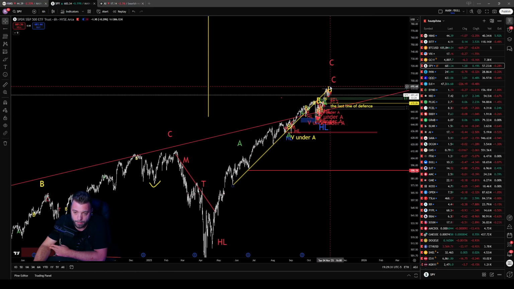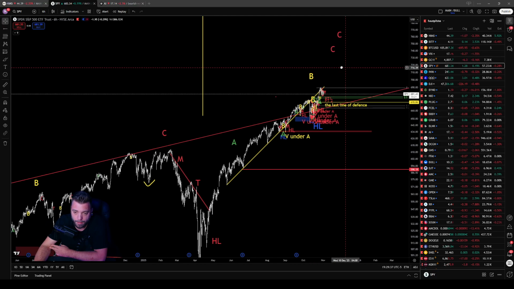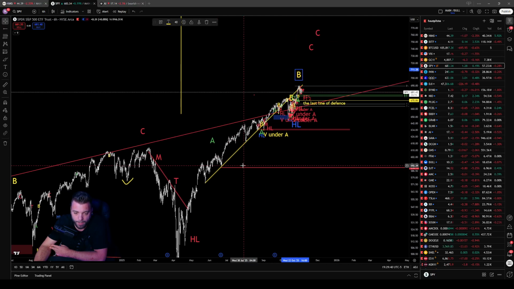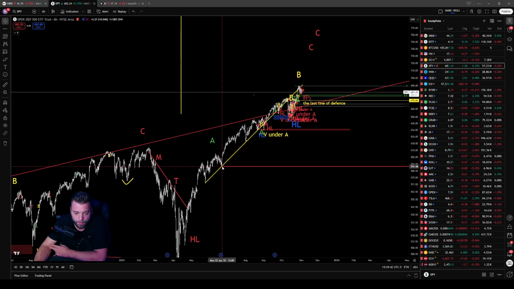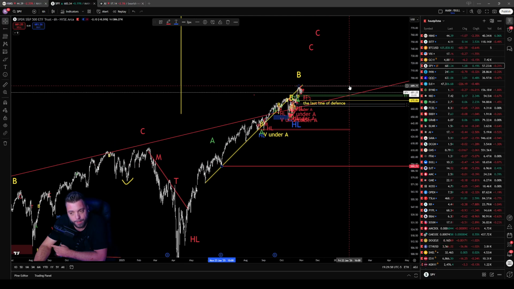So this would be a B, a big B, middle B, and we would get our pullback to our middle A for 591. But I still think this is not the crash yet. After this pullback, we would still get one more push for the market. But let's see what happens.